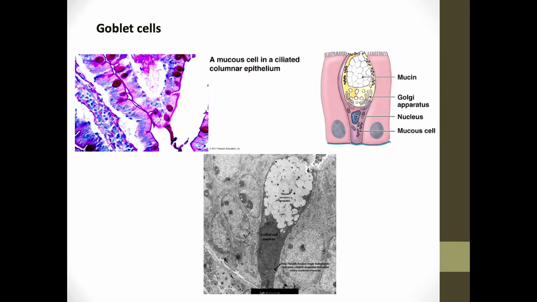They also, in the apical part of the cell, have a well developed Golgi apparatus.